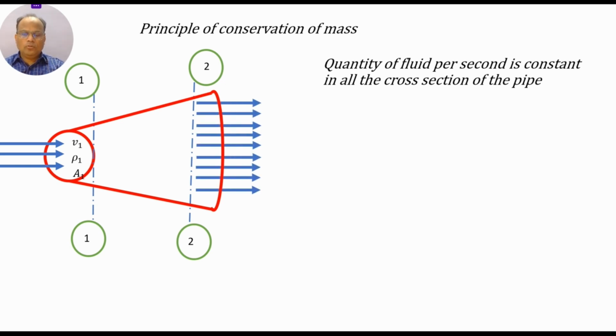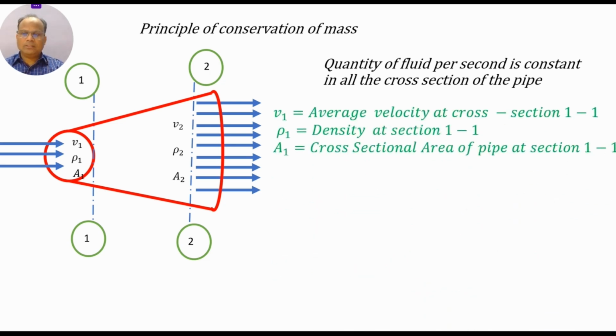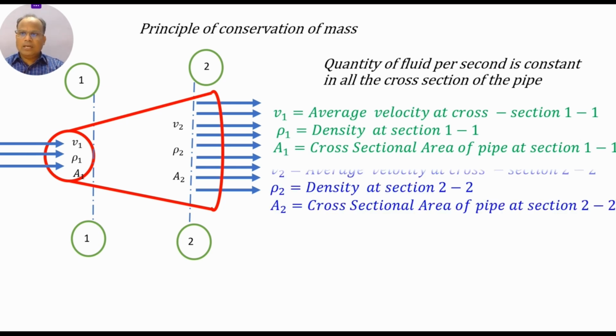Second, where the fluid exits, the velocity is v2, the density is rho2, and A2 is the cross-section area of section 2. So we have just defined v1, rho1, A1, and likewise rho2, v2, and A2. These are the parameters of the fluid: velocity, density, and area.